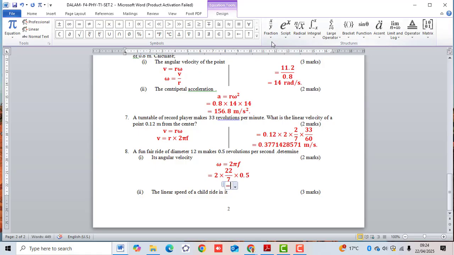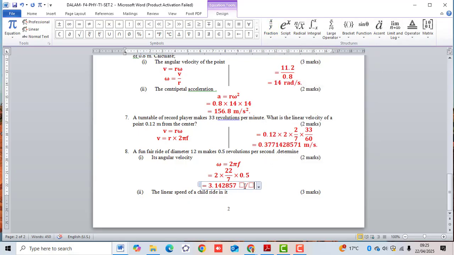What do we get? Serena? Moses? 3.142857. Very good. Angular velocity. What is the unit of angular velocity? Moses?